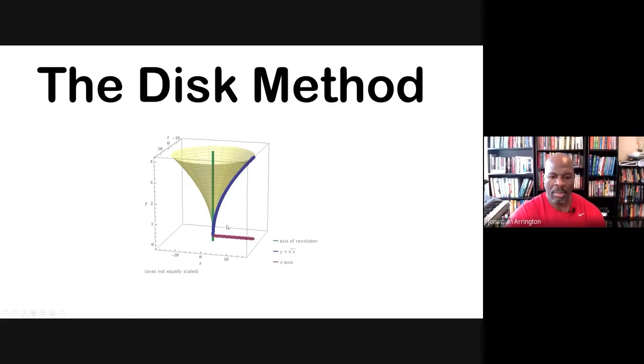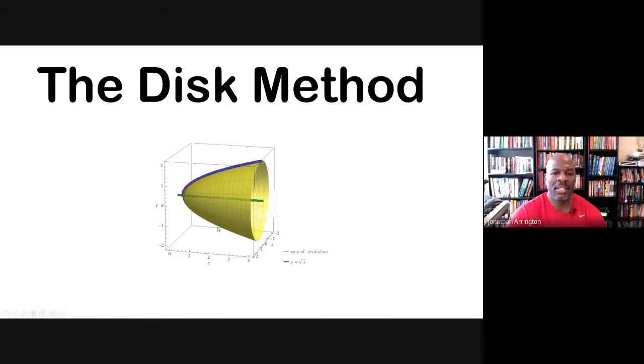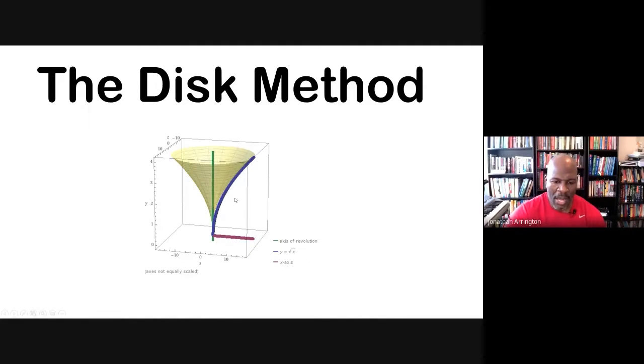So again, going back, when it was rotated about the x-axis or any horizontal axis, the radius was a function of x. It was evaluated at values of x, and it was a y value, so it was of the form y equals f of x. Well, now when we rotate it about the y-axis, the radius is actually an x value, and it's evaluated at different y values, so the function is of the form x equals f of y.